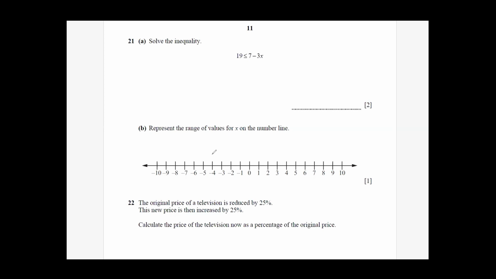Negative 4, we need to fill it, and then lesser than that. So this is going to be the representation on the number line of that answer. x less than or equal to negative 4 or negative 4 greater than or equal to x. And this is how it is to be represented on the number line. So we are done with question number 21 also.